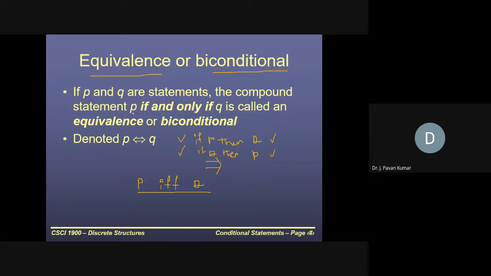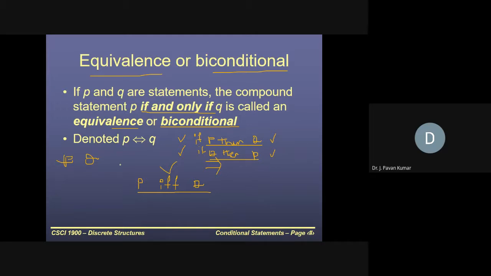Here you see P if and only if Q. In short we can write it as IFF. If and only if can be written as IFF. What is the meaning of this? If P then Q, if Q then P. This we can consider as biconditional or equivalence. What's the truth table for this? If you write P, Q, then the internal meaning is that P implies Q should be true, and Q implies P should also be true.